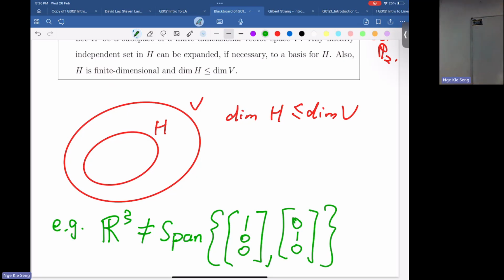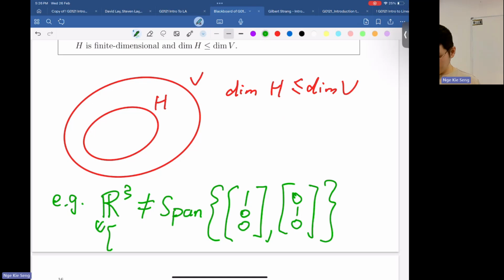You cannot create (0, 0, 1) out of these two. Because (0, 0, 1) is inside R3, but you cannot create it from the two, as a linear combination. But you can notice that these two are linearly independent also. You cannot create one from the other.